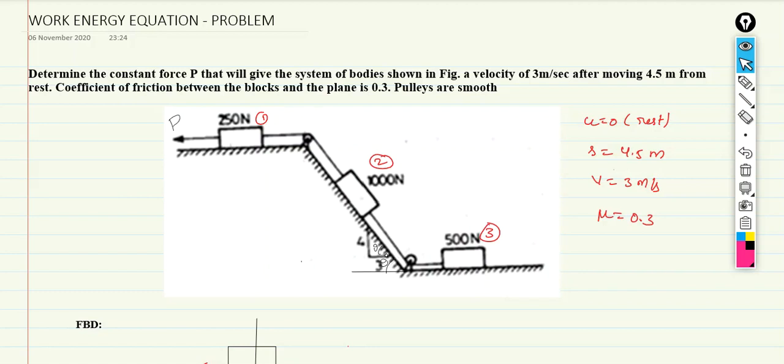Assume this is angle theta. Then tan theta is equal to the opposite side over adjacent, 4 by 3, so theta is equal to tan inverse of 4 by 3, which is 53.13 degrees. That is the unknown value.